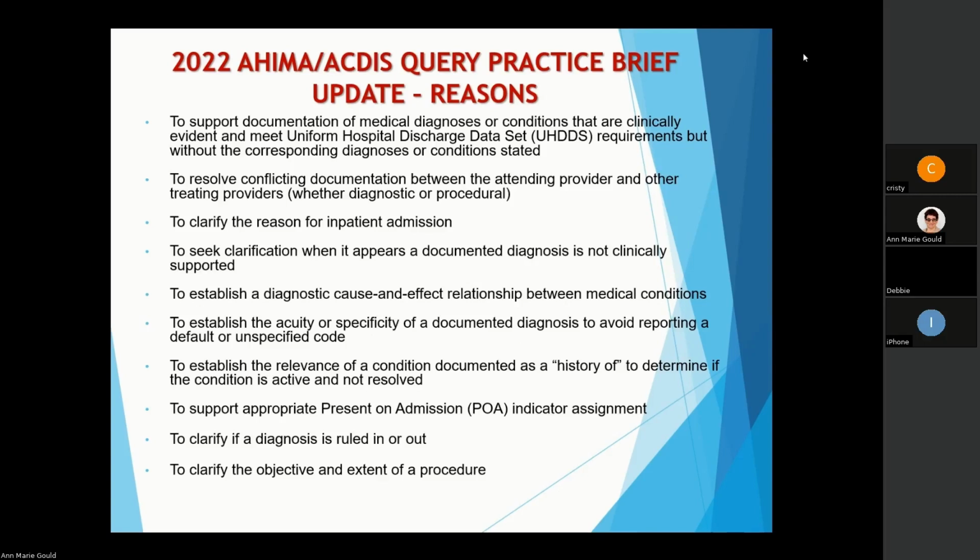Clarify the reason for the inpatient admission. Seek clarification when it appears a documented diagnosis is not clinically supported, and that's where we send the clinical validity or clinical validation queries. We want to establish a diagnostic cause and effect relationship between medical conditions. We want to establish the acuity or specificity of a documented diagnosis to avoid reporting a default or unspecified code.